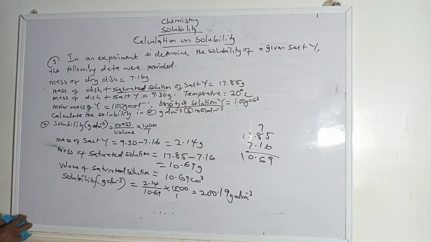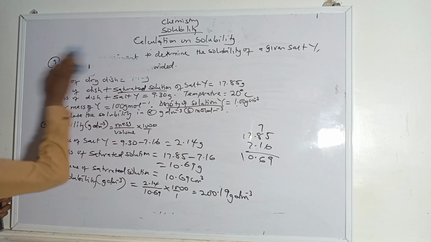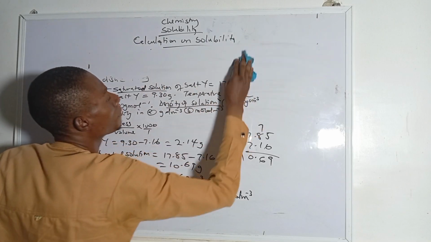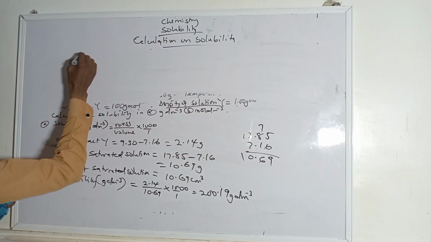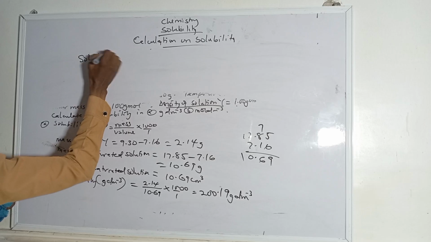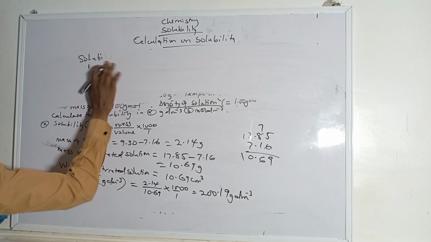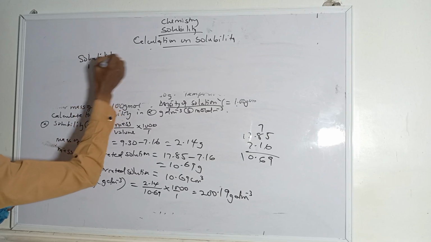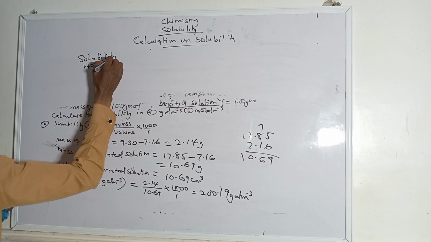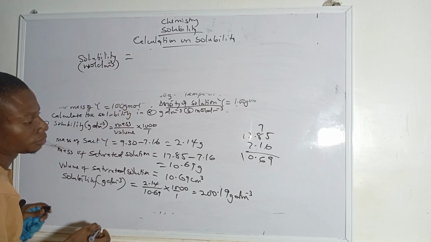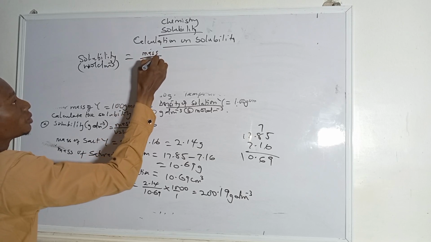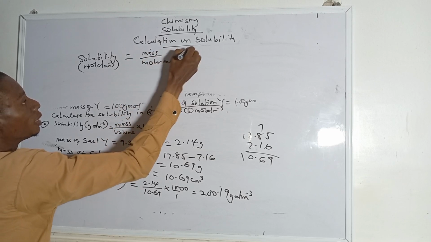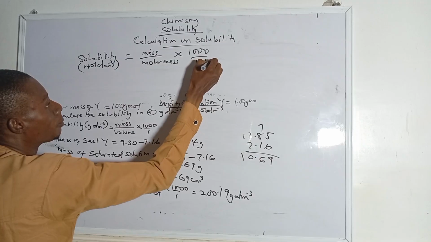Now to get mole per dm cube, don't forget the formula. Solubility in mole per dm cube is mass over molar mass times 1000 over volume.